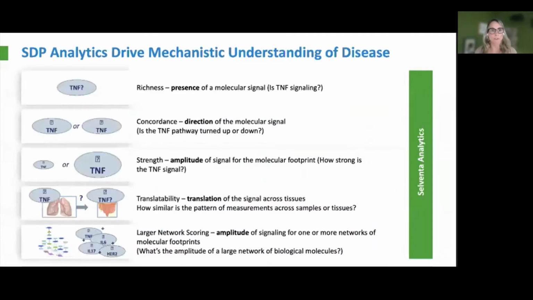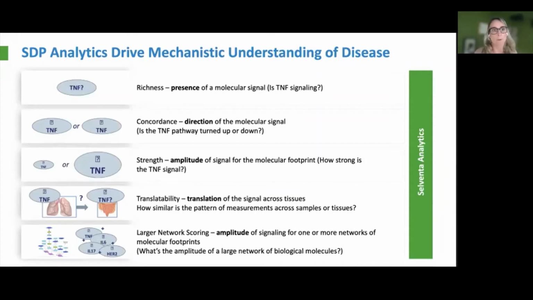So just to summarize, there's two different metrics, and if TNF is the example here instead of the transcriptional activity of AR, richness is really evaluating: is there the presence of a molecular signal in my transcriptomic data for TNF pathway signaling?